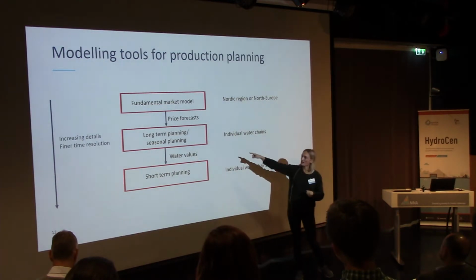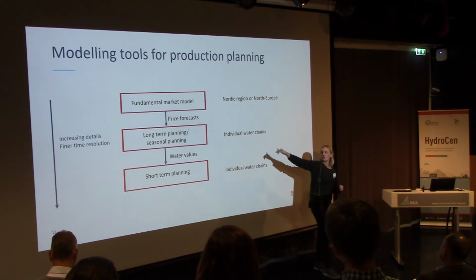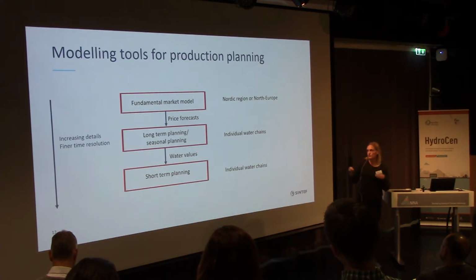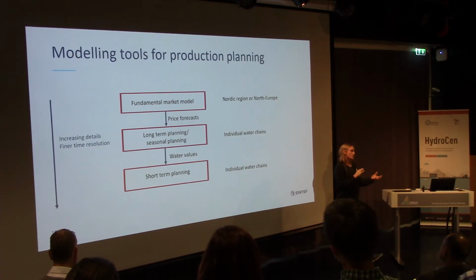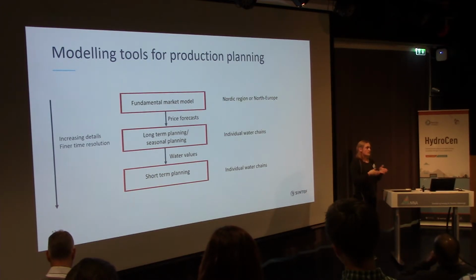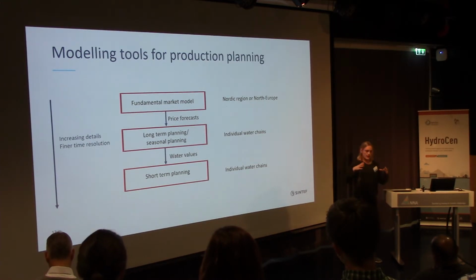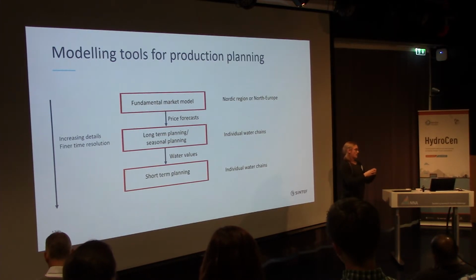Then we can look at individual water chains. And we're still in the long-term planning or seasonal planning perspective, but it's a much more limited system, and it needs to take some price, a power price, as input to describe what's happening around that system. And then if we shorten down the time horizon as well, then we are at the short-term planning, so we have a small system and we have a short time frame.